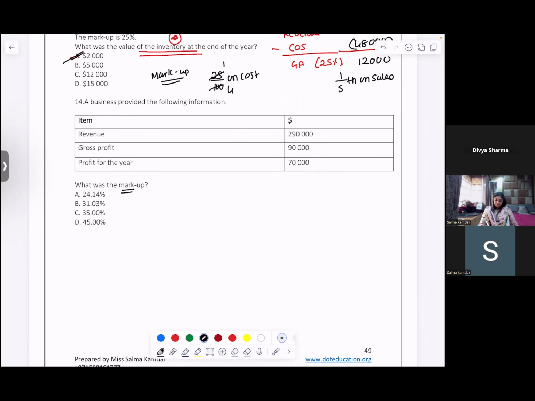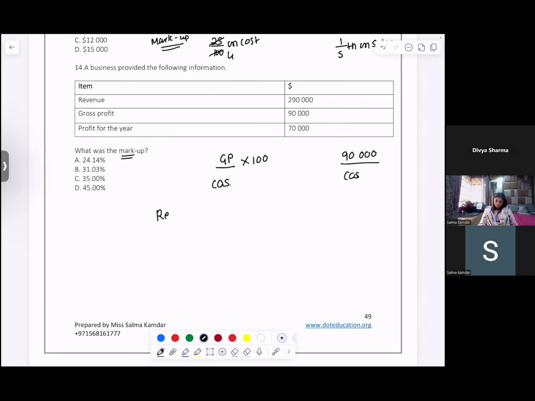I haven't done this yet. Markup means what? Markup means on your cost of sales: gross profit divided by cost of sales into 100. You have gross profit, 90,000. You don't have your cost of sales, so you can do revenue minus cost of sales is gross profit.